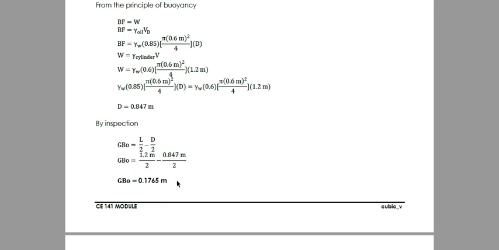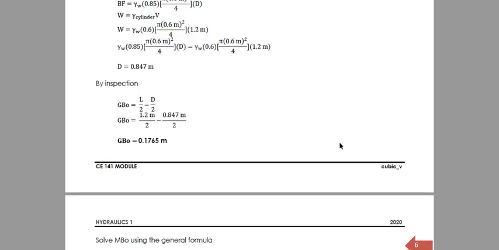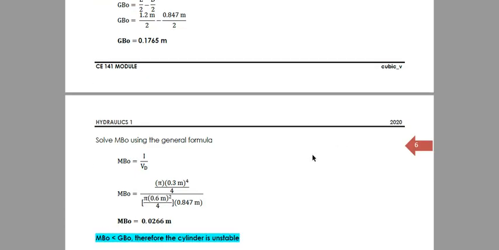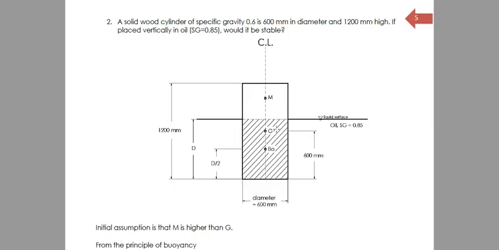Next is to solve for MBO, distance between the metacenter and the center of buoyancy. So we cannot use the formula for rectangular section. So basically, we're going to use the general formula. Okay, so MBO is equal to I all over the displaced volume. Ayan. So again, yung I dyan is the moment of inertia of the cut section here.